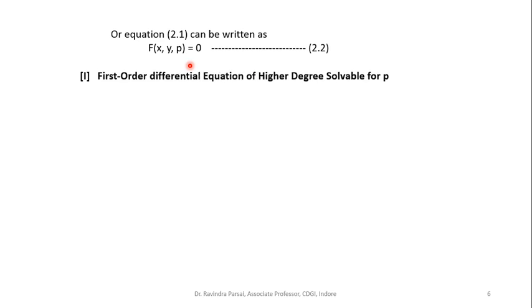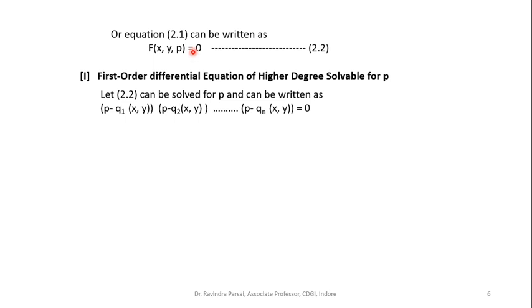Now the first method of solving this category of problems is when the equation is solvable for p. In this regard, if you are able to factorize equation number 2.2 into linear factors in terms of p, suppose those factors are (p minus q1 of x, y)(p minus q2 of x, y) and so on up to (p minus qn of x, y) equal to 0.